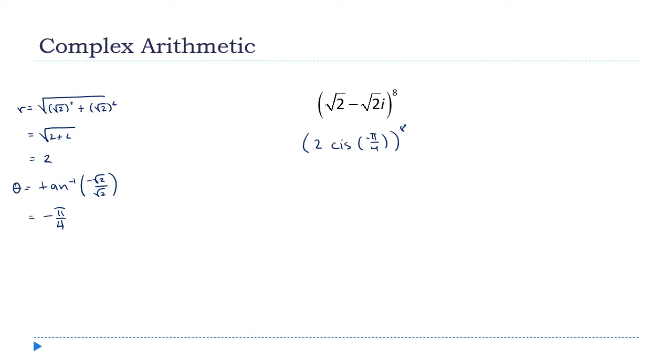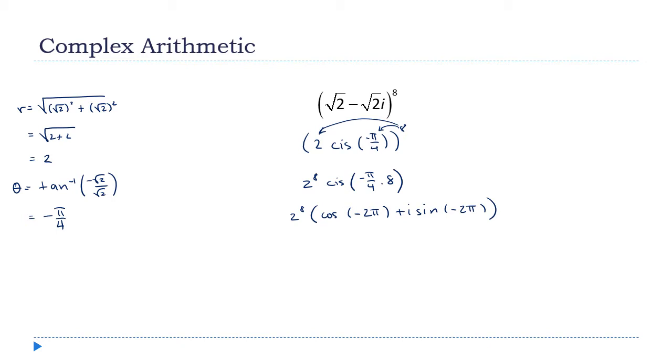To simplify this, I raise 2 to the 8th power, and I multiply the angle by 8: cis of negative pi over 4 times 8. So this is 2 to the 8th times cosine negative 2 pi plus i sine negative 2 pi.